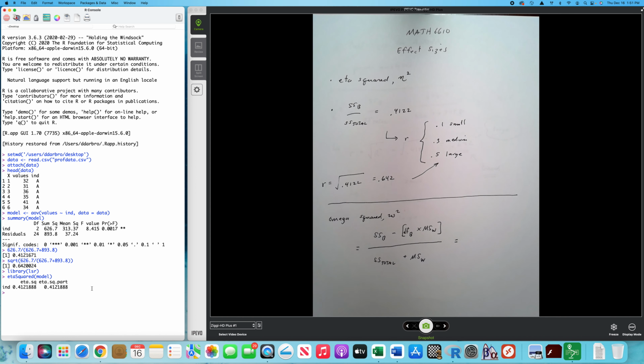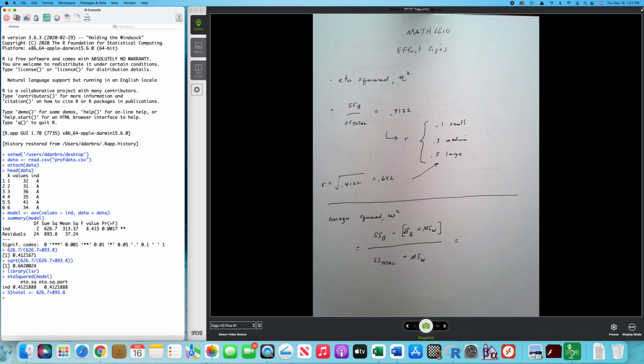So for us, again, we have our model. Let's just go ahead and get the sum of squares total. So we're going to take 626.7 and add 893.8. All right.